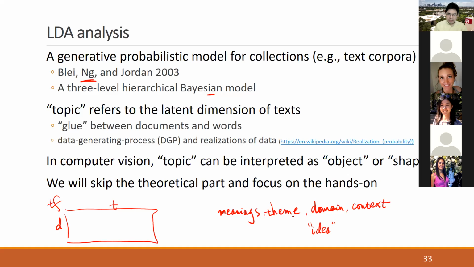When it comes to theme, domain, context, it is about an underlying concept. It's an implicit concept of the words. Words are a reflection of the theme. Words are a way to describe the theme, the domain, the knowledge, the context, the idea.